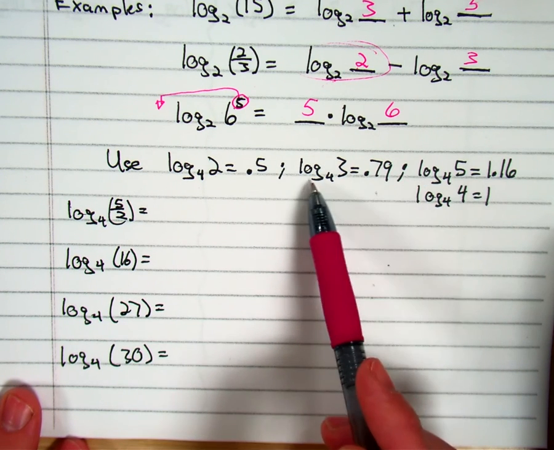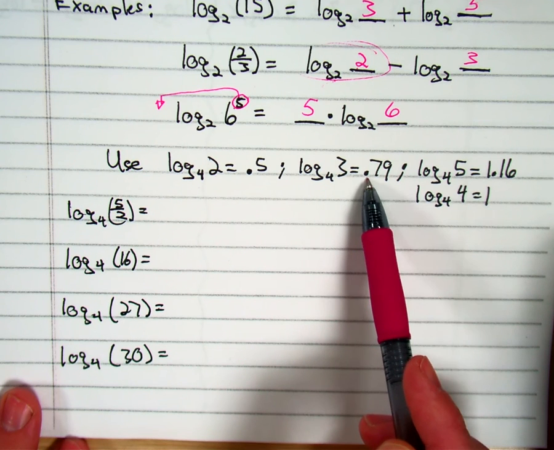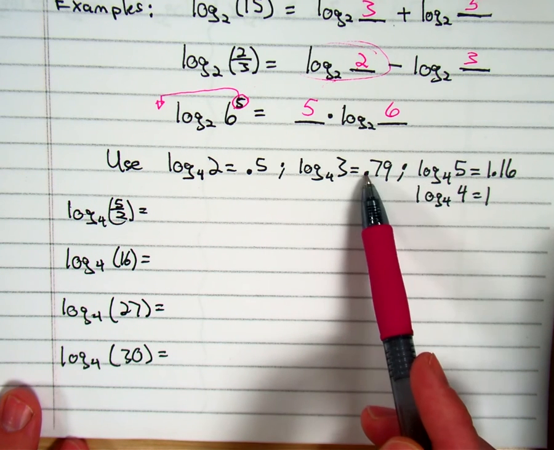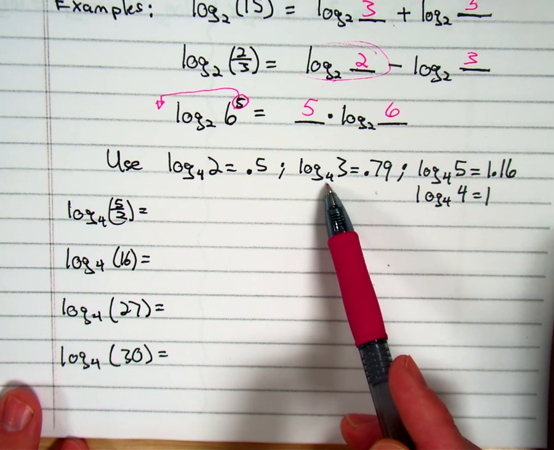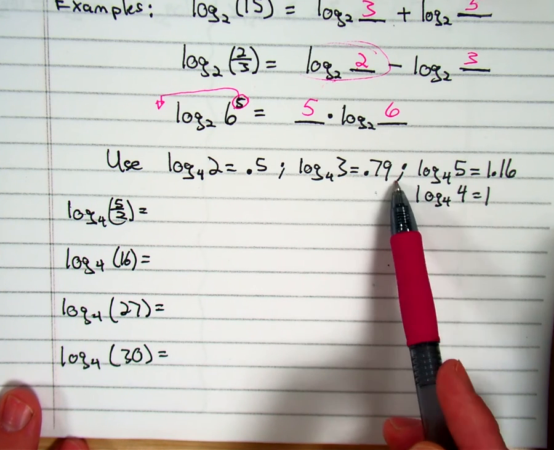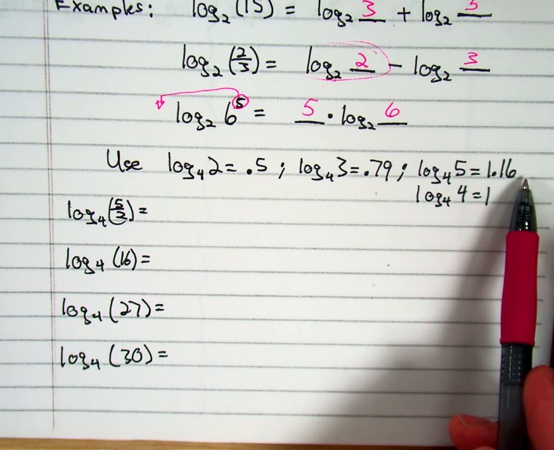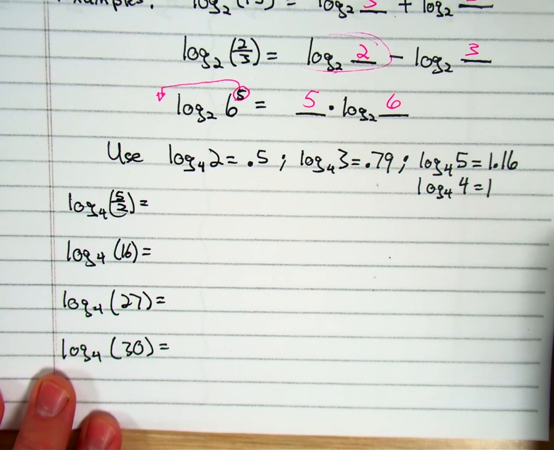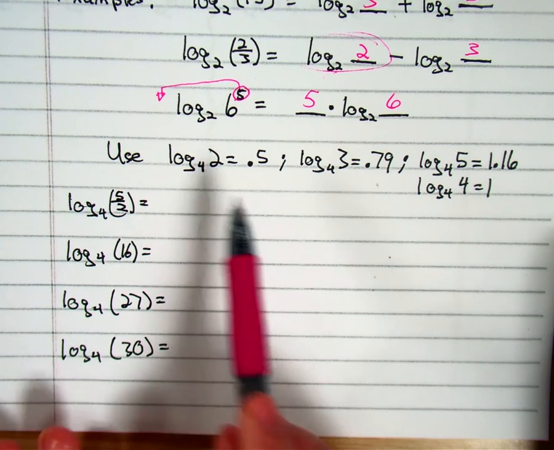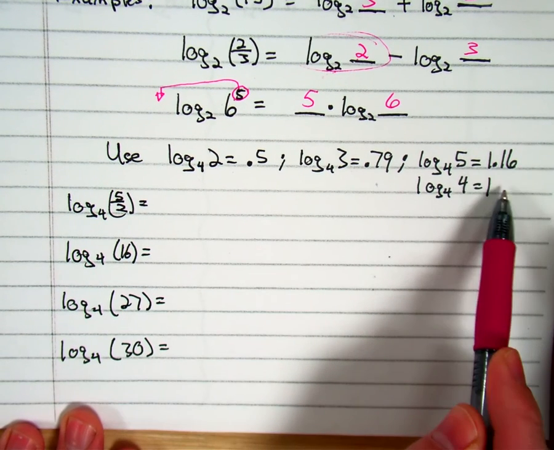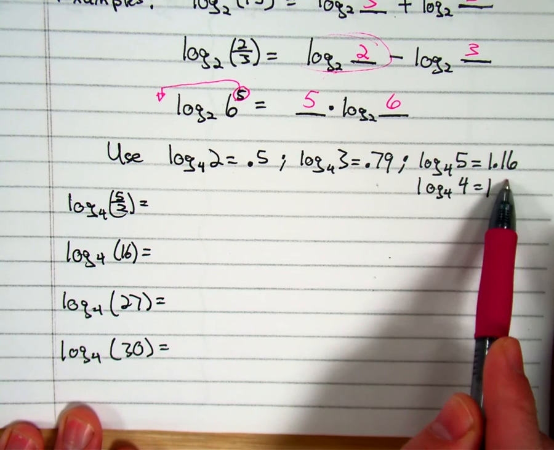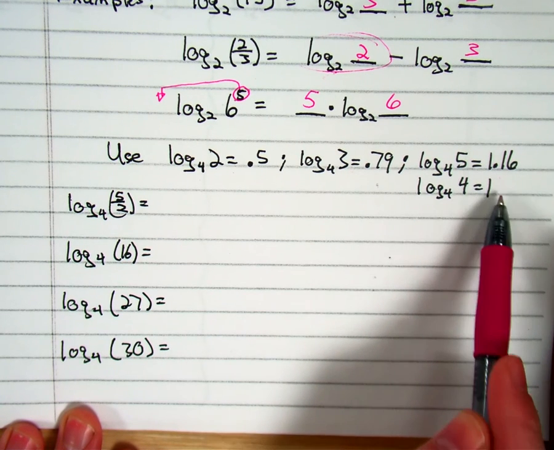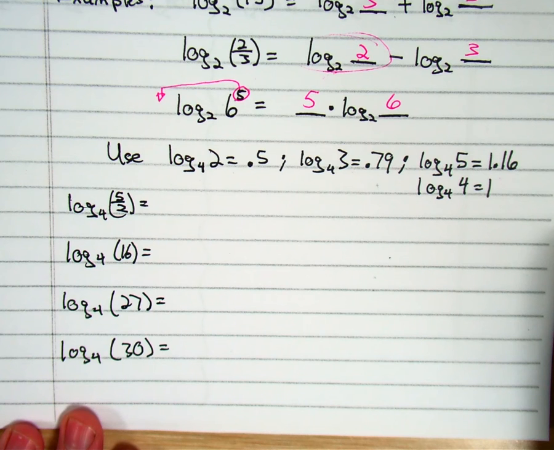Log base 4 of 3 is 0.79. That's not going to be quite as exact. There's no nice clean power of 4 that gets me to 3. Log base 4 of 5 equals 1.16, and of course, log base 4 of 4 equals 1. When the book gives you these values, it's probably going to give you these, but it's not going to list that last one out. It's going to expect you to know the identity property, that log base 4 of 4 equals 1.